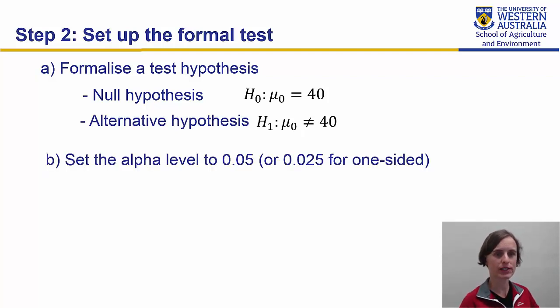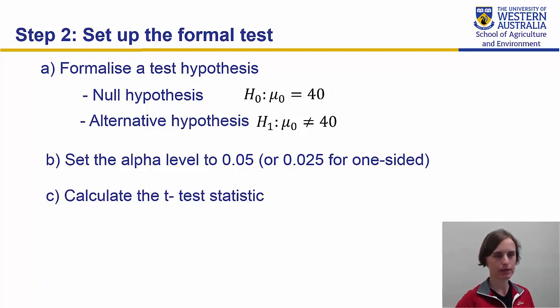Then you have to decide on an alpha level, which is 0.05 in most cases. So that's the certainty that you have or have not rejected the null hypothesis correctly.